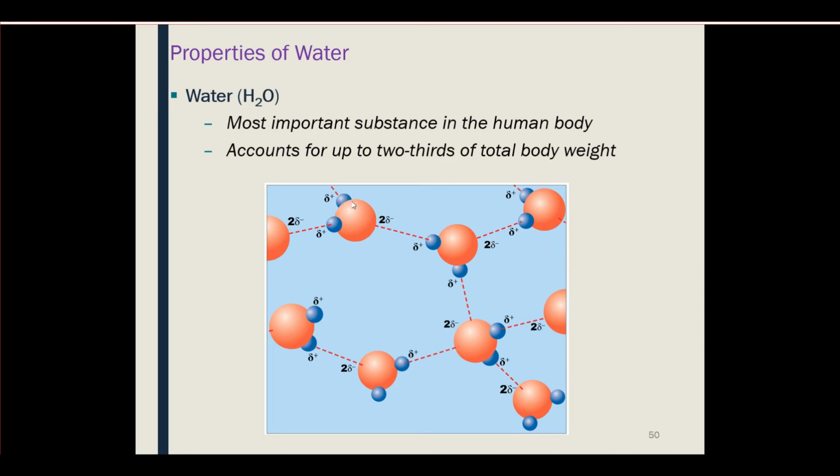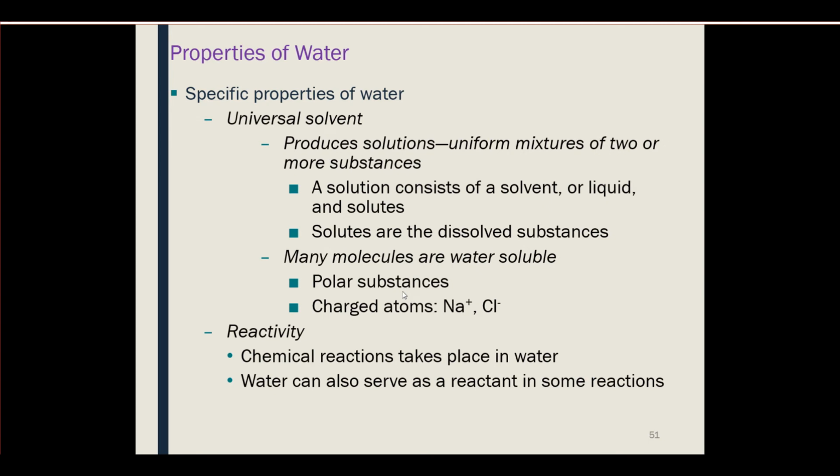As a result, water is polar, negative on the oxygen side, more positive on the hydrogen side. Water is a polar molecule. All these dotted lines represent these weak interactions known as hydrogen bonds, and they hold all the water molecules together. So that's just a little bit of a review.